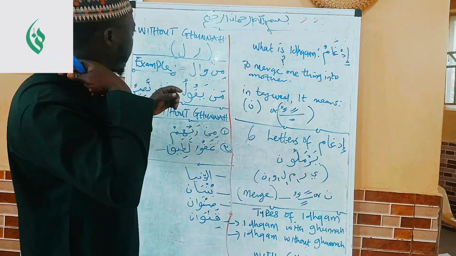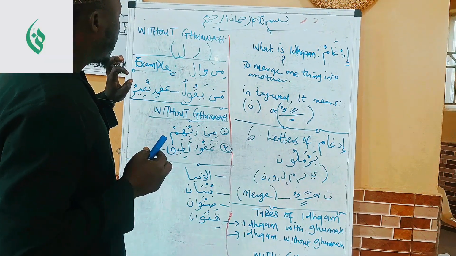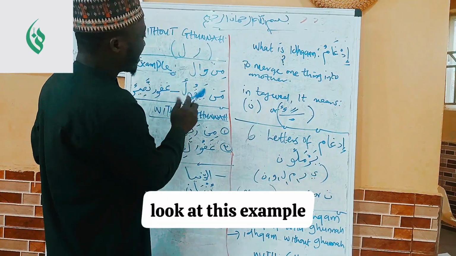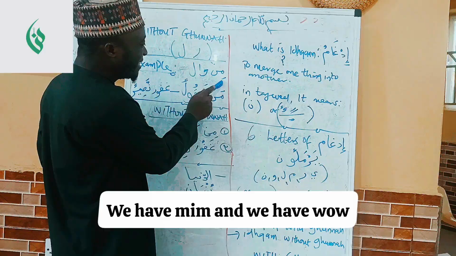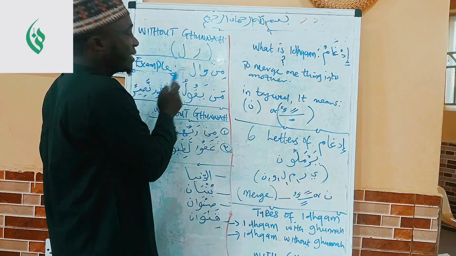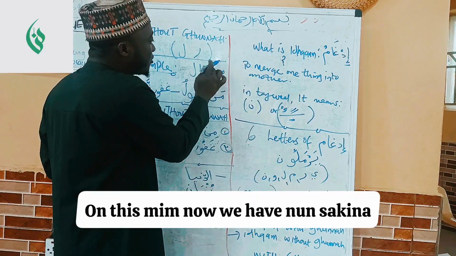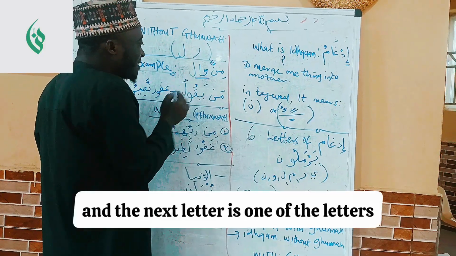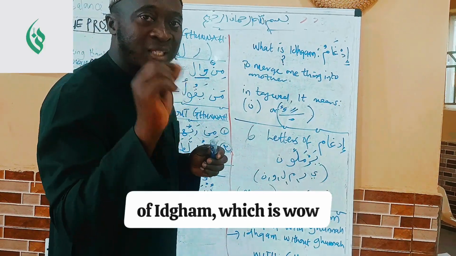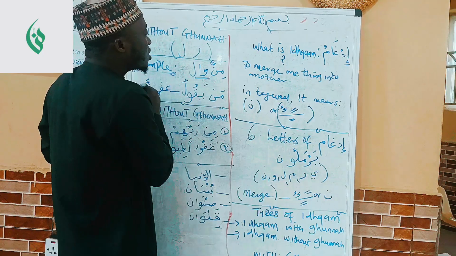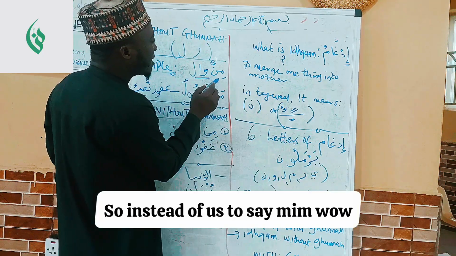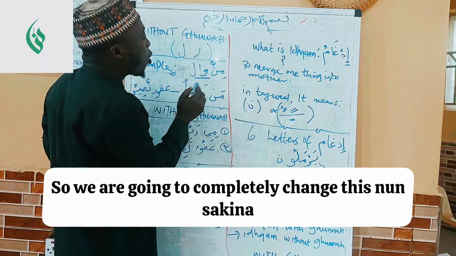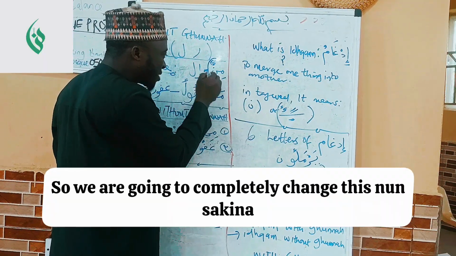Under idghām with Ghunnah, for example, look at this example. We have min and we have wal. On this min, we have Nun Sakinah, and the next letter is one of the letters of idghām, which is waw. So instead of saying min wal, we are going to completely change this nun sakinah.